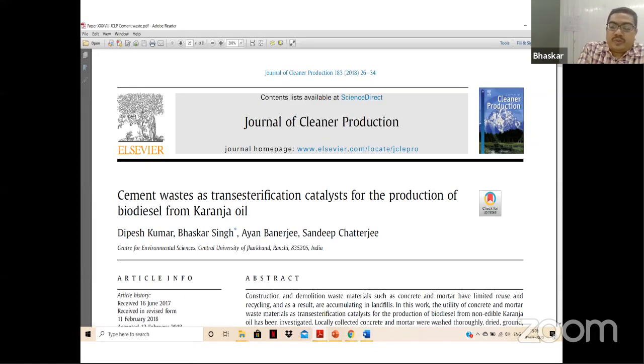We have utilized cement waste, which contains calcium oxide. Calcium oxide forms methoxide ion, which attacks the carbonyl carbon of the triglyceride and leads to the formation of an intermediate. Then rearrangement of that intermediate leads to the formation of monoalkyl esters.